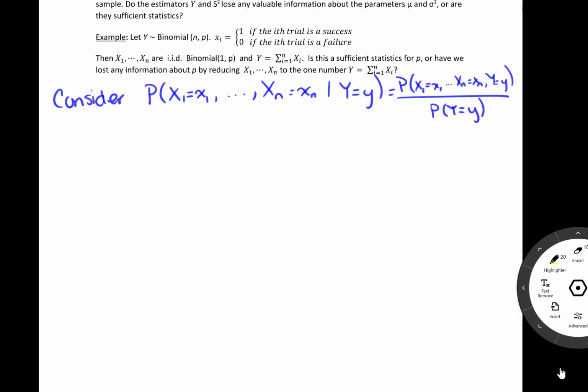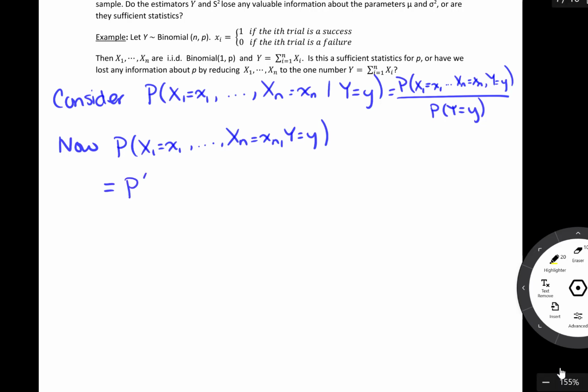So now let's consider the numerator. We're going to look at the probability that x1 is equal to little x1, xn is equal to little xn, and that capital Y is equal to little y. But notice this is equal to the probability that x1 is equal to little x1 all the way out to xn is equal to little xn.